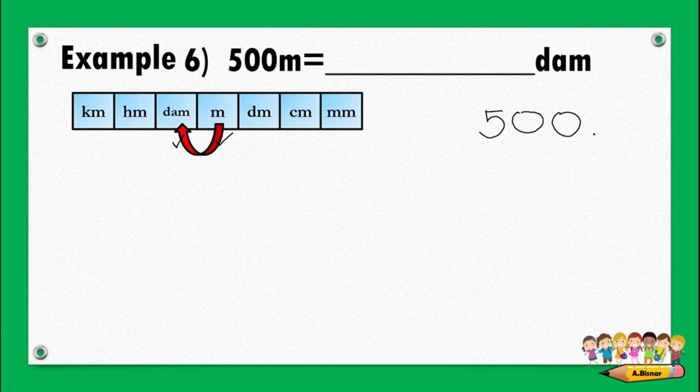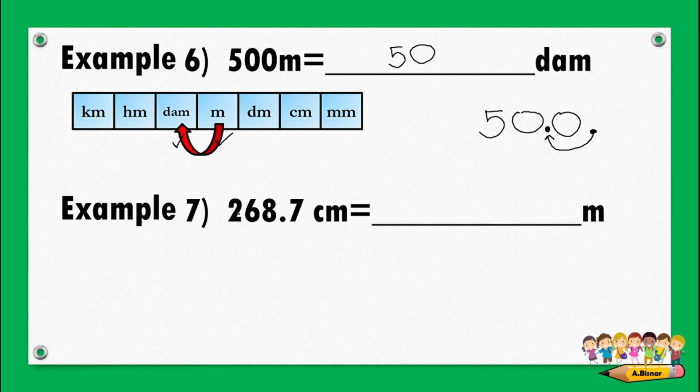And since this is a whole number, this is the location of the decimal point. So one step to the left. And since this is 0, this is not significant anymore. So we will write 50, which means 500 meters is equivalent to 50 decameters.